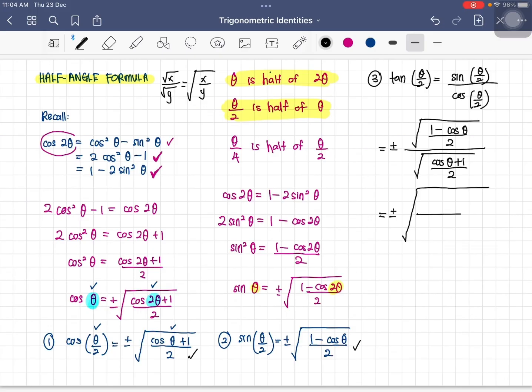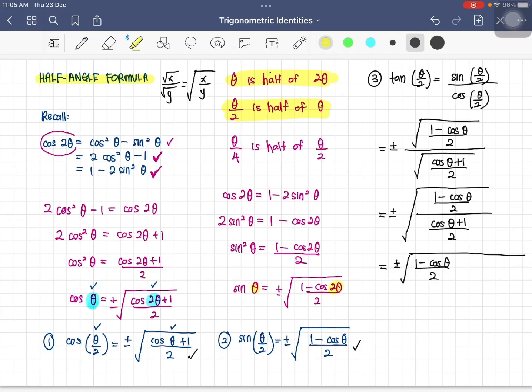I'm gonna have two fractions, and the numerator will be 1 minus cos of theta divided by 2, and the denominator will become cos of theta plus 1 divided by 2. Therefore, instead of division, I'm going to change it into multiplication, something like this. Alright, so 1 minus cos of theta over 2.